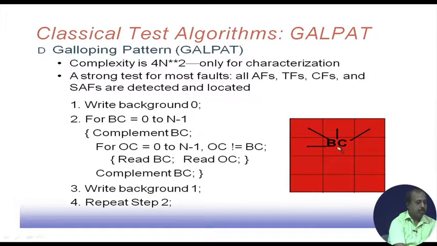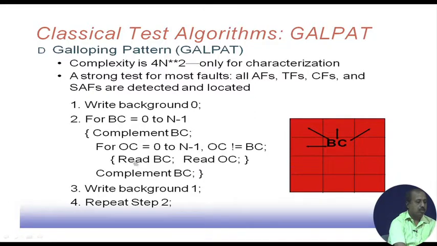What we have done is complemented the value of BC, then read the value of BC here, and then again read the value of OC here. Then again I am reading the value of BC, and then this particular cell, again BC, and again this cell. After reading all these bits, we again complement the BC and repeat the whole process.